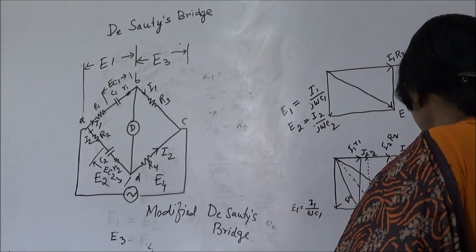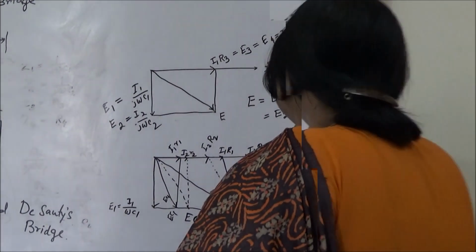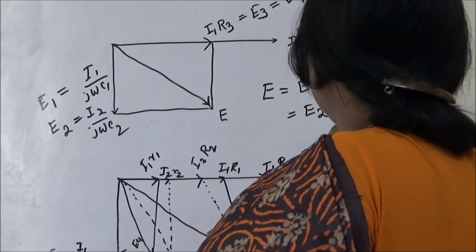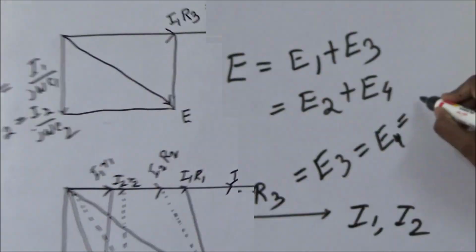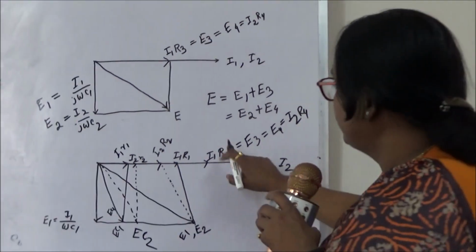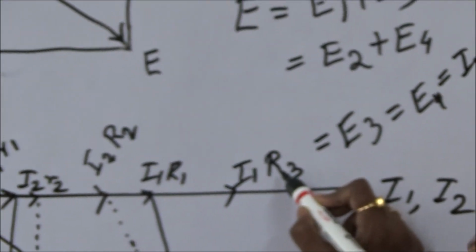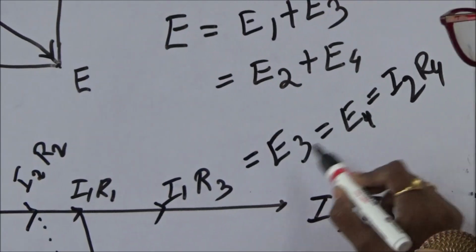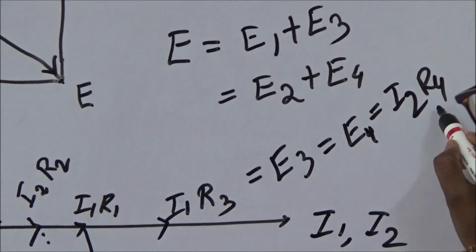So this is my I1 R3. So this is equal to my E3 and this must be equal to my E4, that means I2 R4. Try to concentrate at this point. What is I1 R3? This is E3. E3 must be equal to E4 is equal to I2 R4.